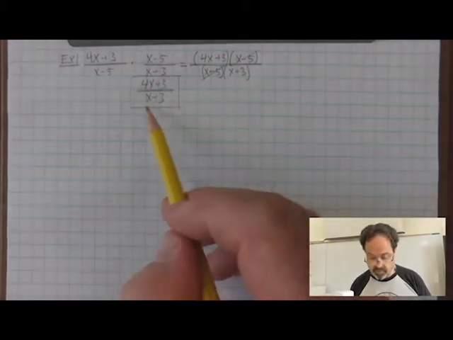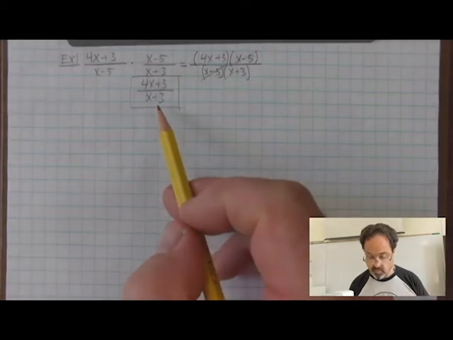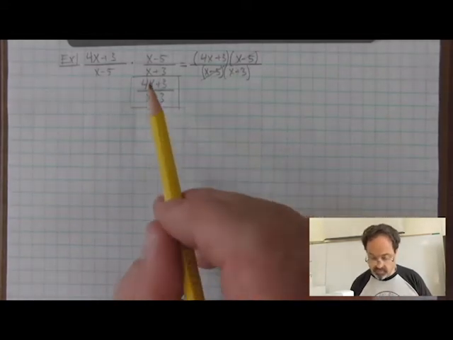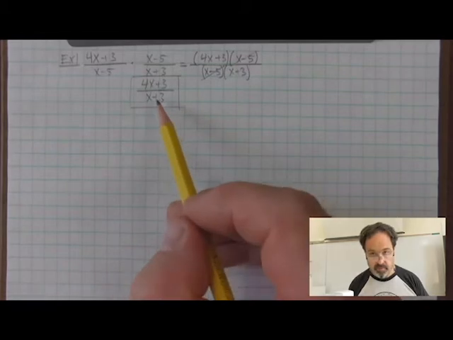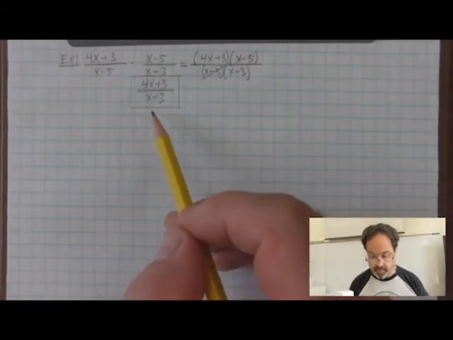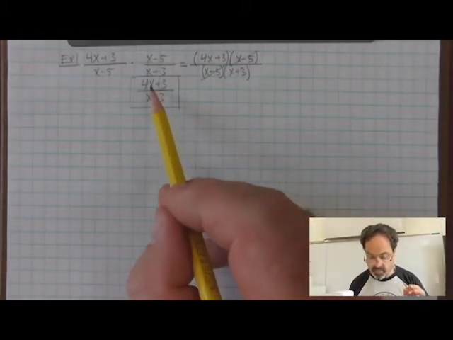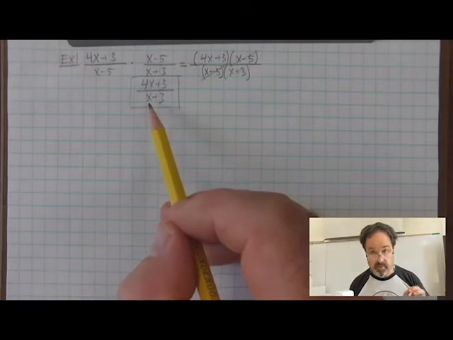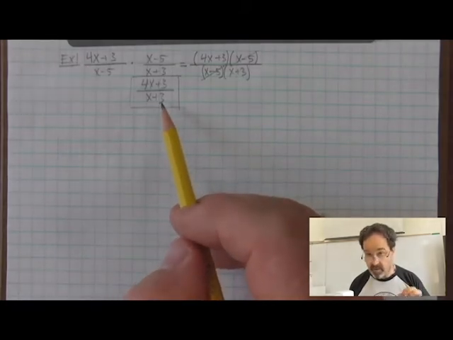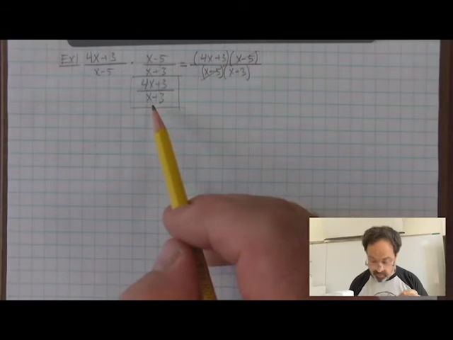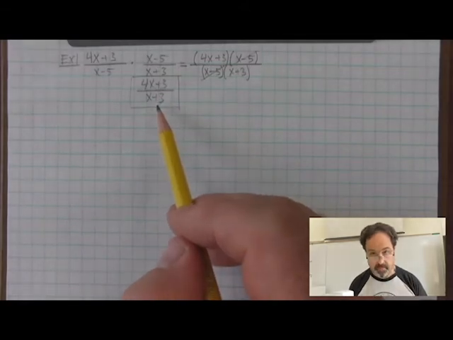And if we're looking at this and thinking that we might still want to simplify, we see an x + 3 both in the numerator and denominator, but we can't cancel the x + 3's because x + 3 is not a common factor in both the numerator and denominator.